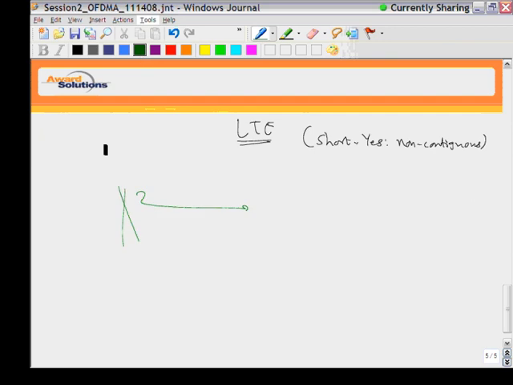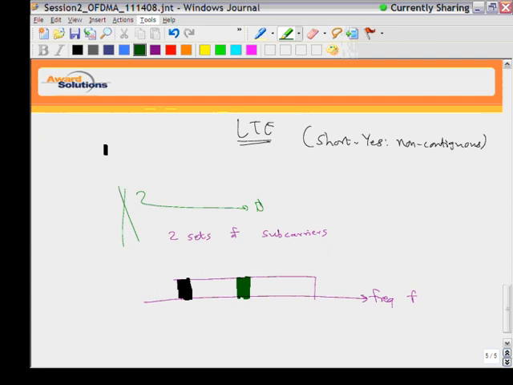So if you are a user, then you may get two sets of subcarriers. Let's say here is my frequency spectrum. Then you may get one part of the spectrum perhaps here, and then this is another part of the spectrum.